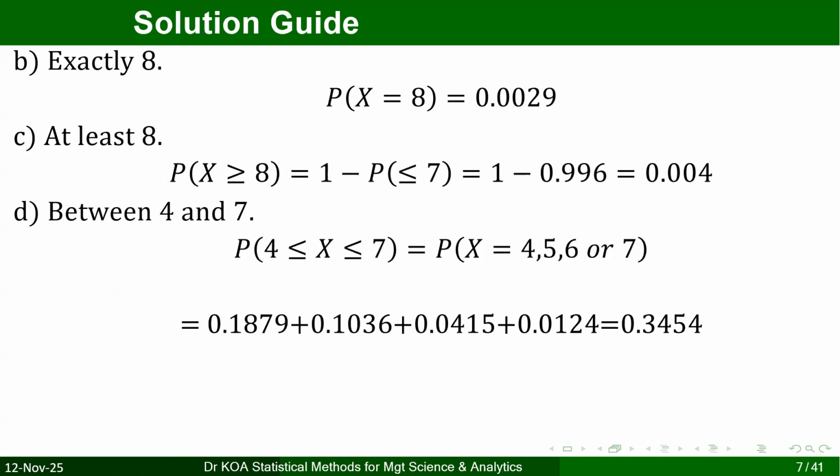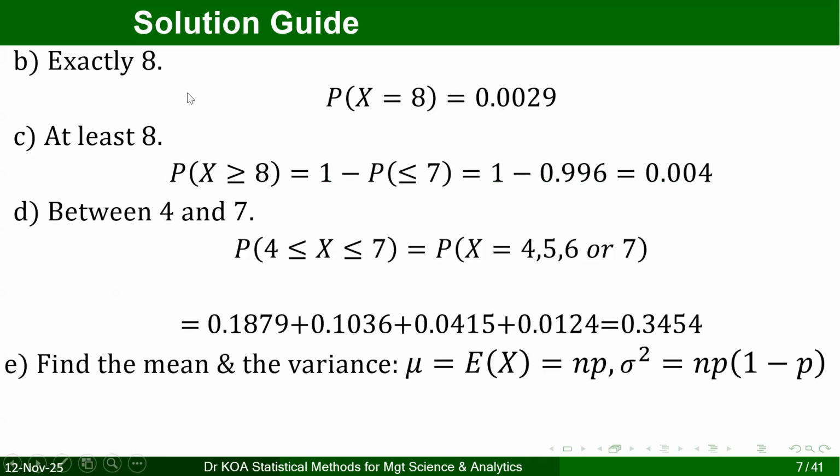Yeah. The next one is the mean and the variance. Now, the mean of a binomial distribution is the sample size times P. And the variance is that answer multiplied by 1 minus P. So who can do the substitution and tell me the expected value? Emily.